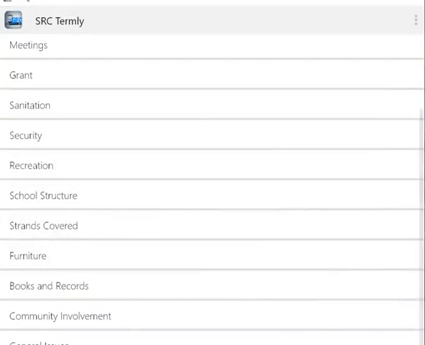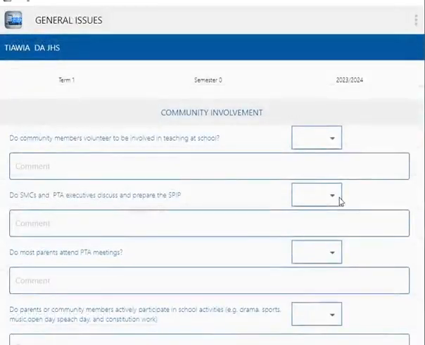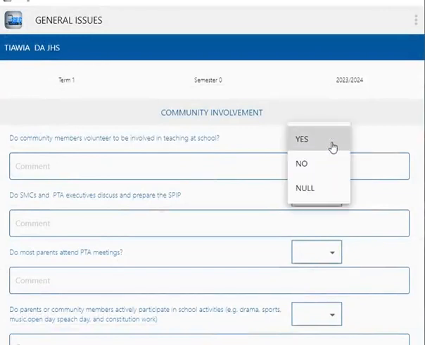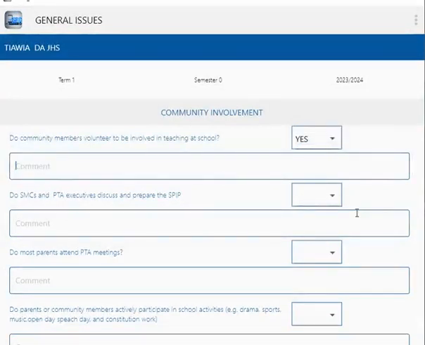So, general issues. Community involvement: does the community volunteer to be involved in the school? If it is yes or no, you submit. If there are any comments, you must add them, because all stakeholders will have the information you provide here. You also have the opportunity to share it with members of your SMC and the school community so you can find amicable solutions.